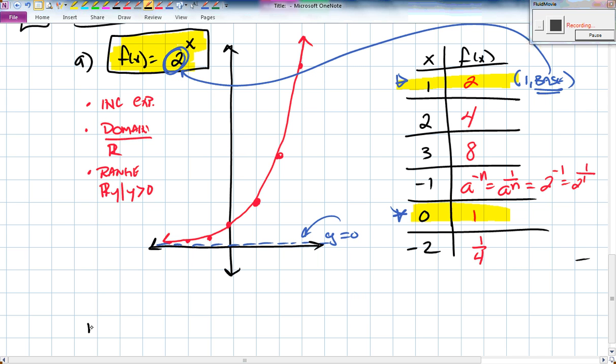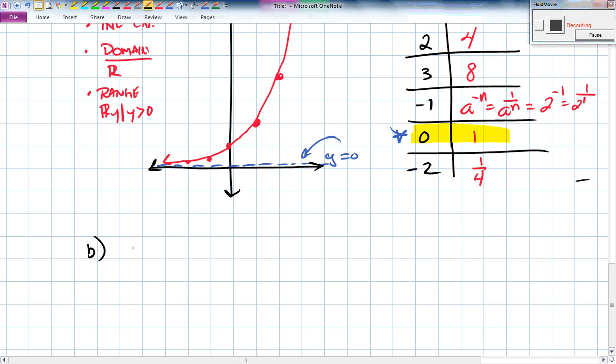Using the 2 anchor points and only those 2 anchor points, I'd like you to graph f of x equals 1/2 to the x. So how is this one different than part A? Yeah, the base is a fraction, but it's still positive, right? But it's between 0 and 1, right?